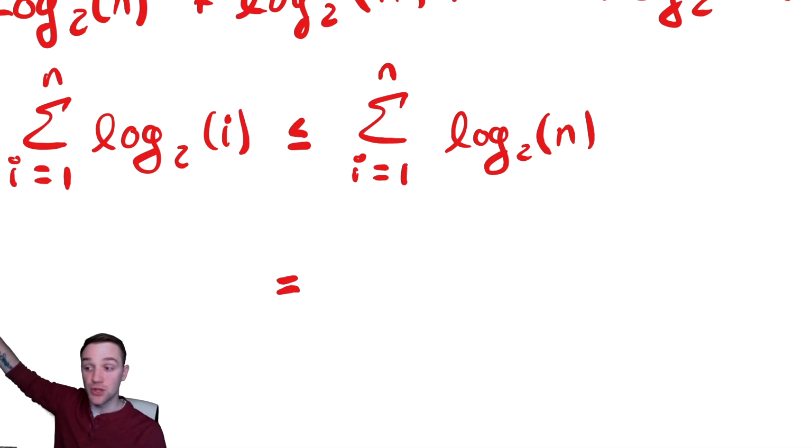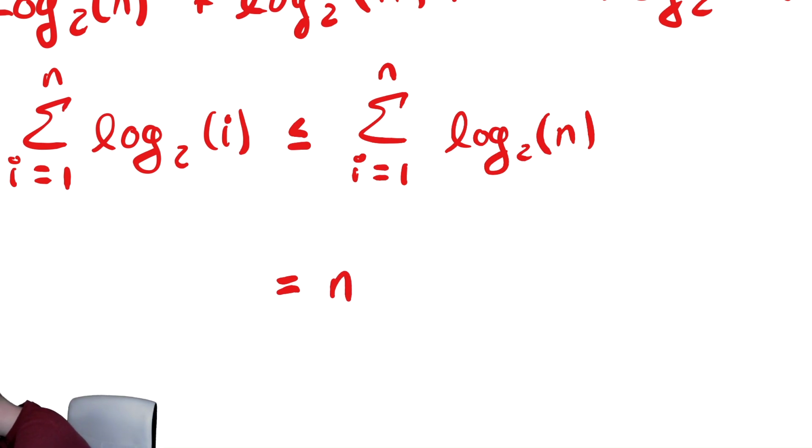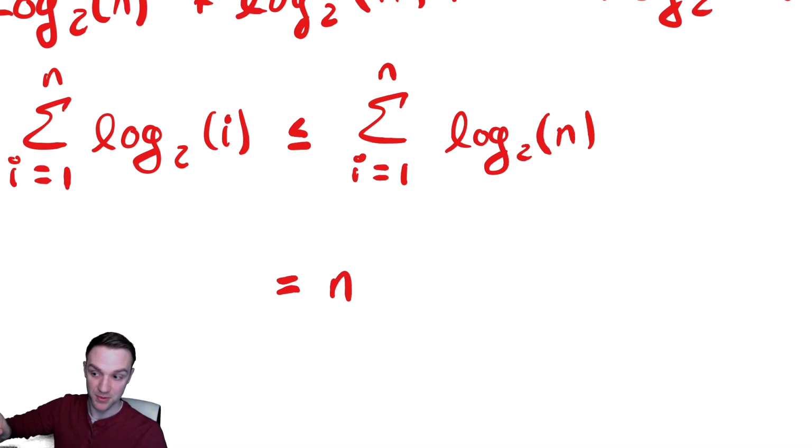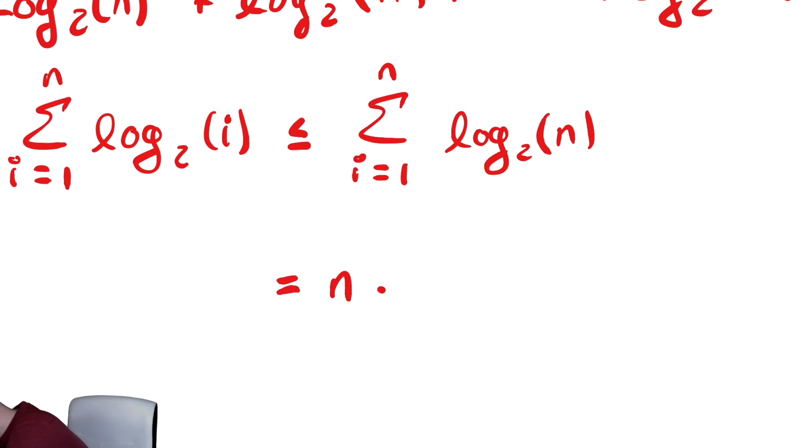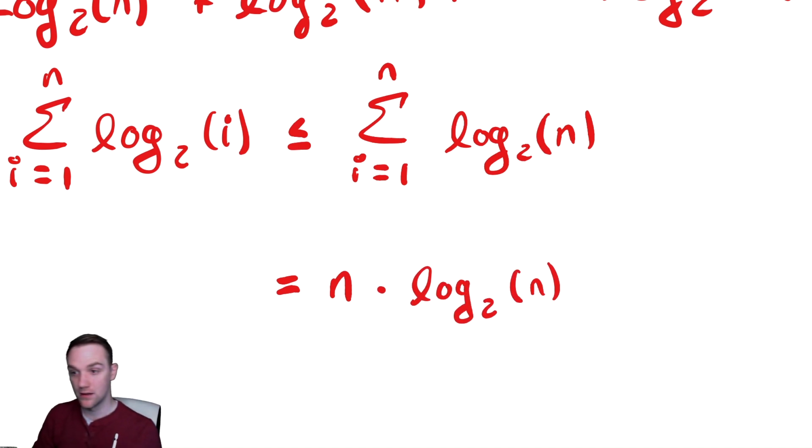of n times the number of terms in that summation. There are n terms in the summation. That's the top bound minus the bottom bound plus 1, n minus 1 plus 1, times log base 2 of n. So, this is an upper bound.